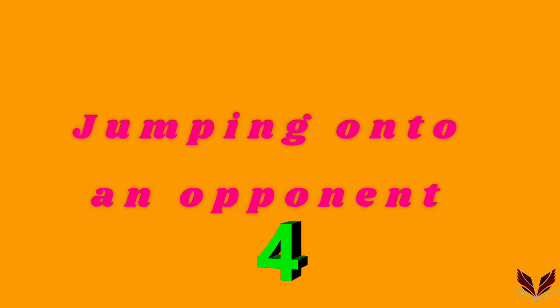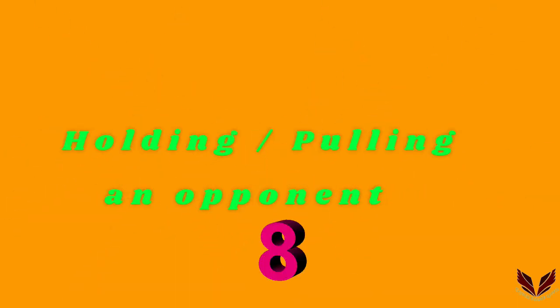Fifth, pushing an opponent, whether intentionally or unintentionally. Tackling another player or an opponent from behind. Holding or pulling an opponent, usually with your arms, or entangling with your foot.